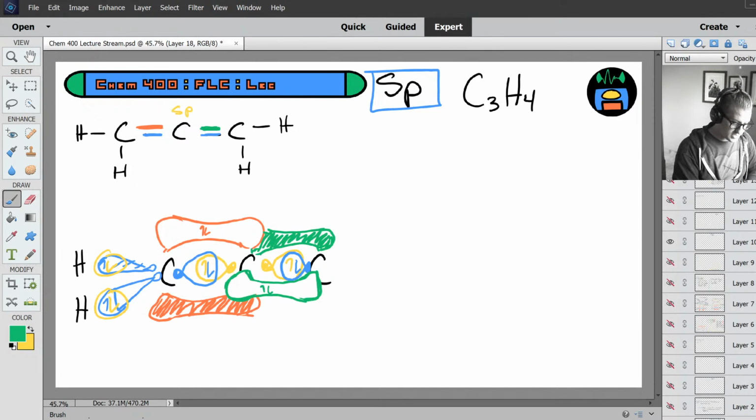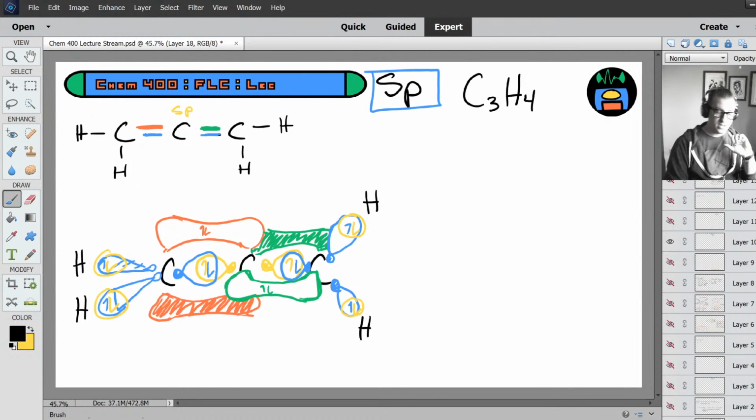So the sigma bonds here between carbon and hydrogen are not wedged or dashed. They're in the plane of the screen. All right, so the remaining two carbon-hydrogen sigma bonds come in here and here.